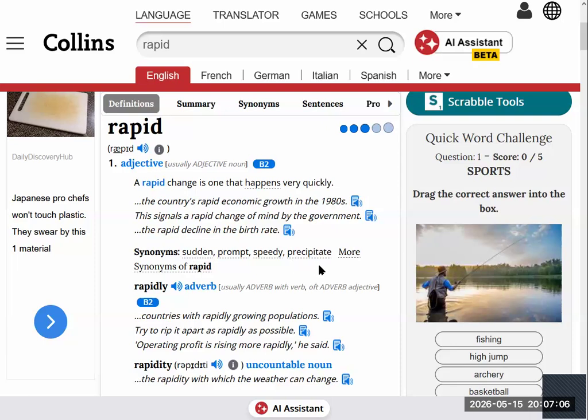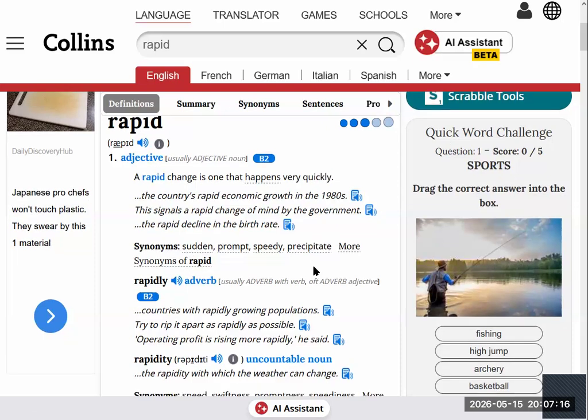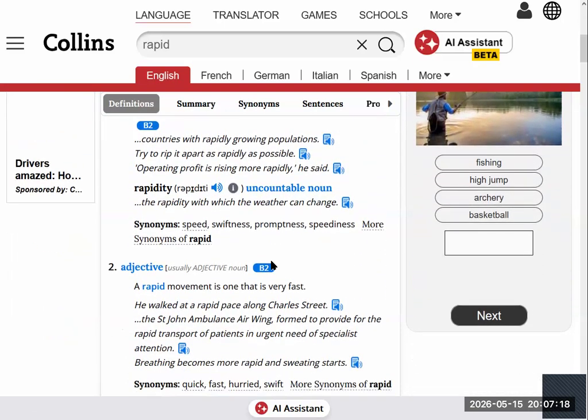Something that's precipitate is basically sudden, done or happening almost immediately. So it's to do with speed, swiftness, doing something quickly, promptness, speediness.